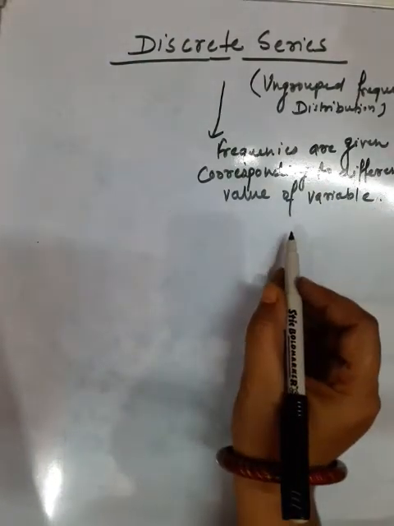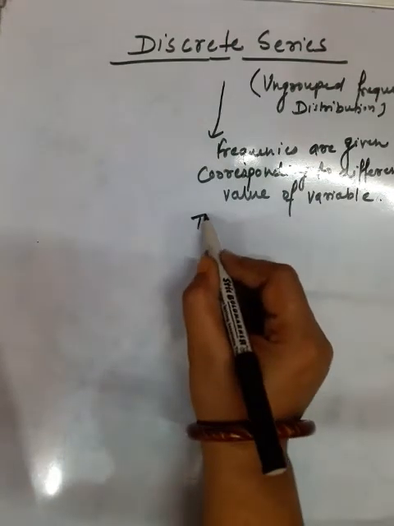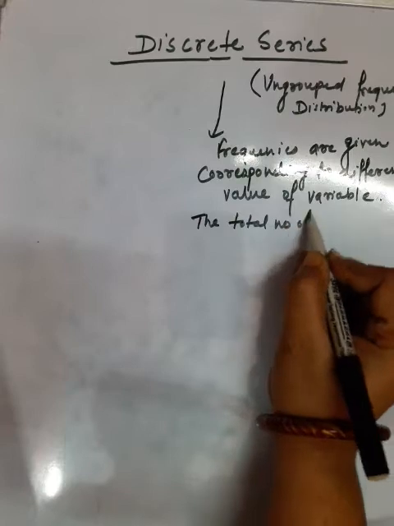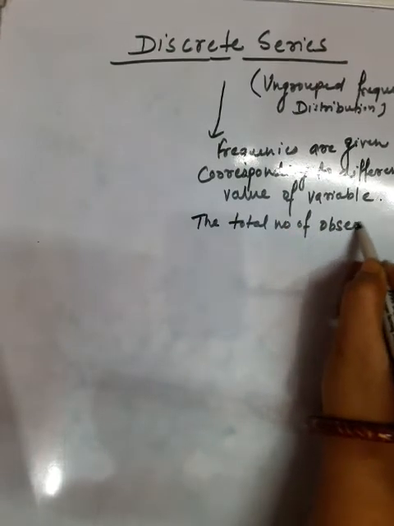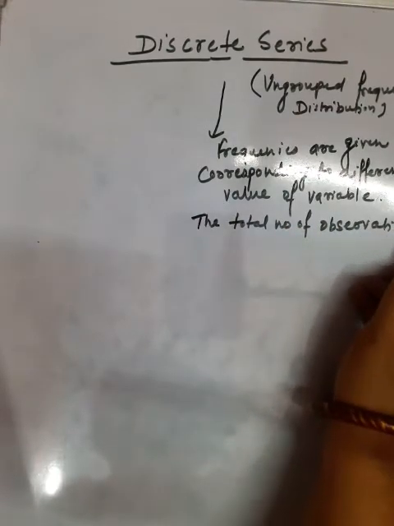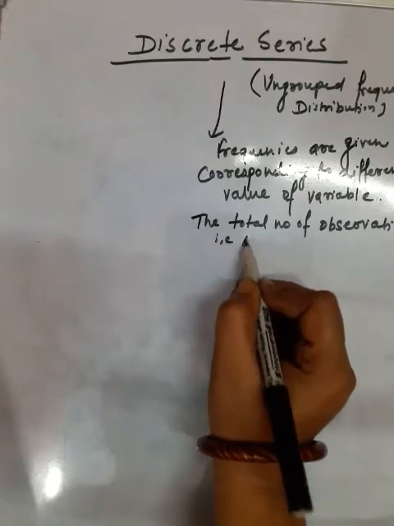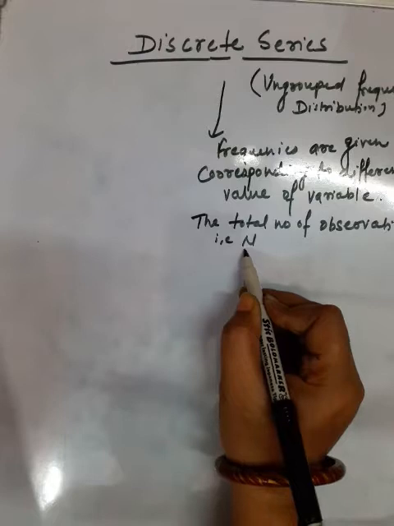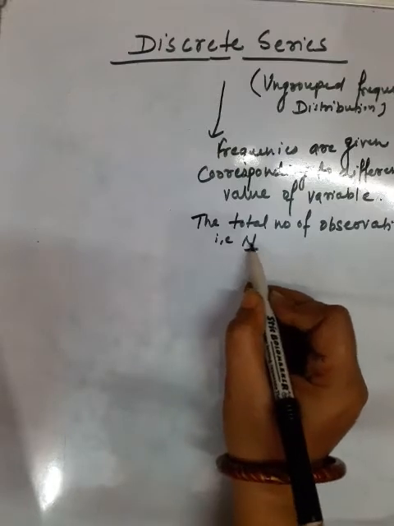In discrete series, the total number of observation, that means n. In individual series we used to consider total number of observation as n.